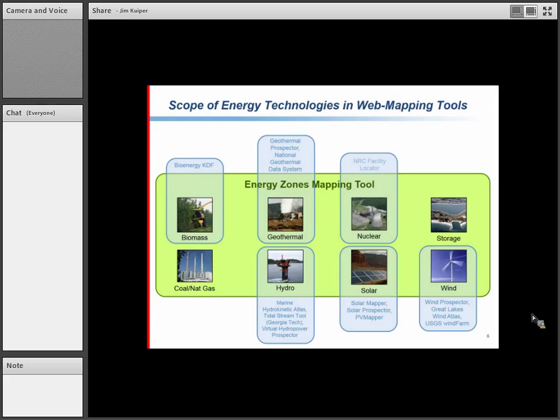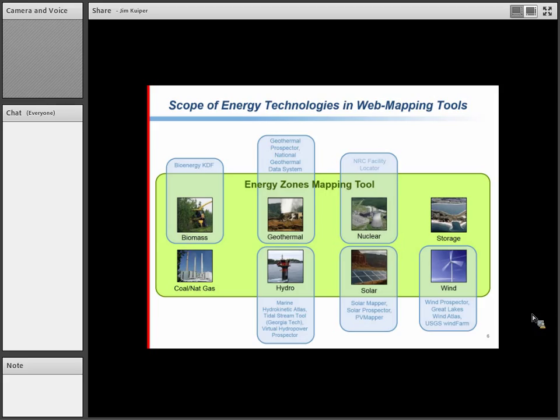So as an example of tools and how this one relates to them, I want to stress that each of the ones in blue are valuable websites with capabilities that we don't have in this tool. So they each have their purpose and scope. The unique thing about the Energy Zones mapping tool is its broad scope of energy categories. And if you wanted to dig deeper into these other categories, for example, NRC Facility Locator has more about nuclear power plants.